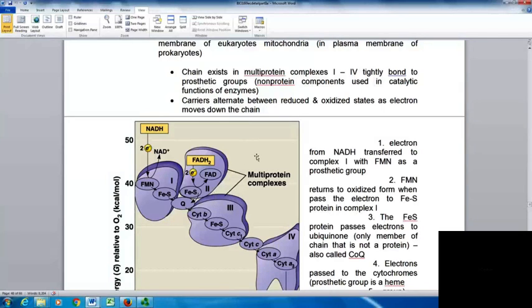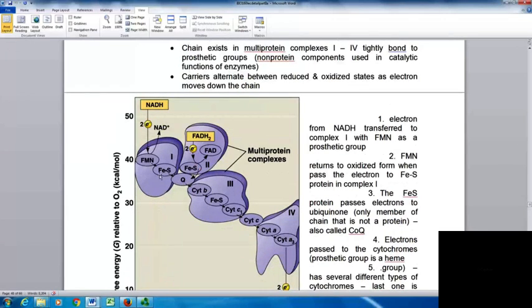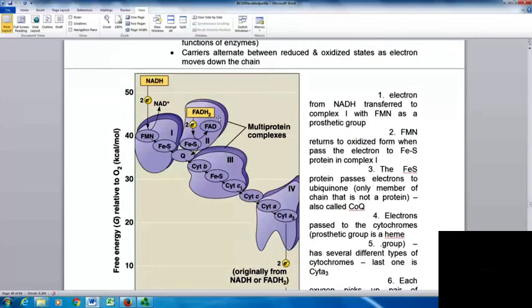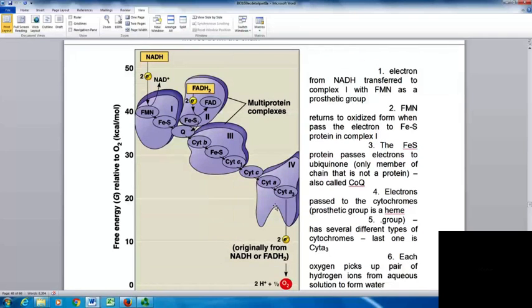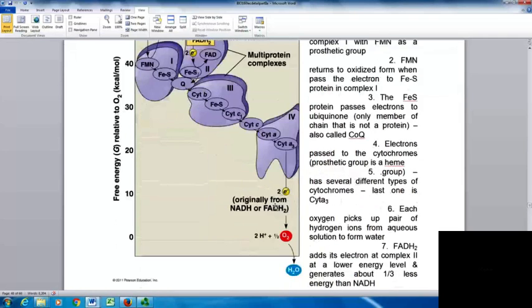The carriers will alternate between reduced and oxidized states as the electrons move down the chain. So here you're going to have NADH that's going to drop off its electrons and become NAD+. FADH2 is going to cut in line a little bit here. It's going to drop them off on the second protein complex, and then the electrons will be passed down the chain all the way to the end.